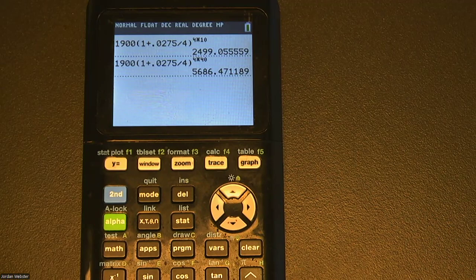But there you go. Basically, $2,499.06 after 10 years, and $5,686.47 after 40 years.